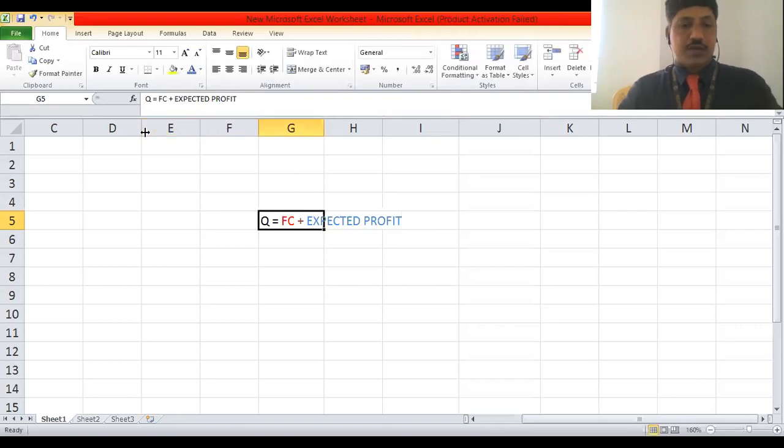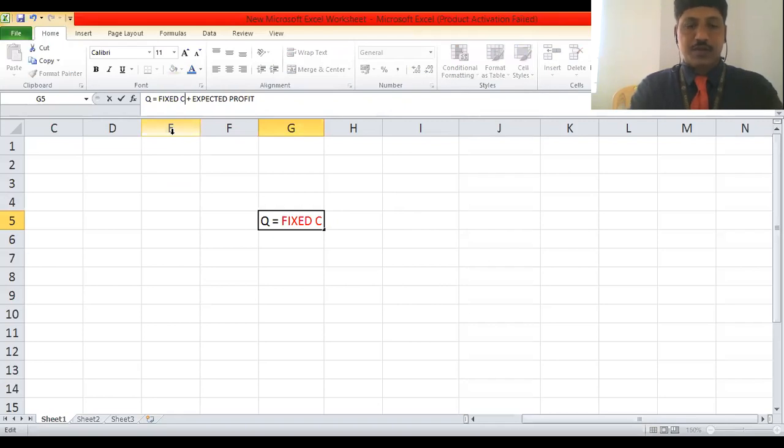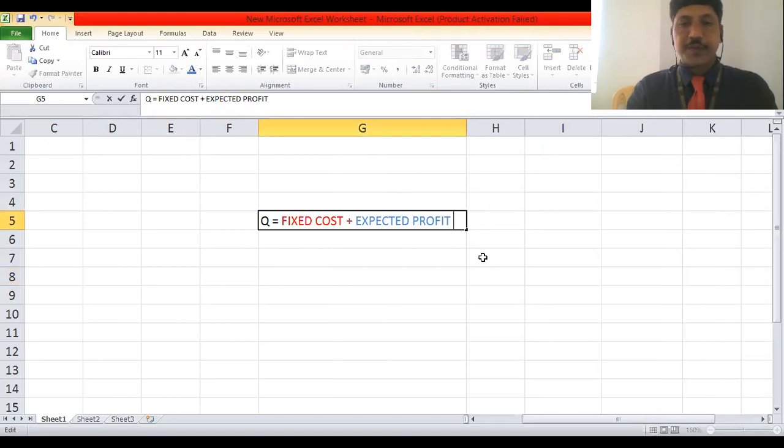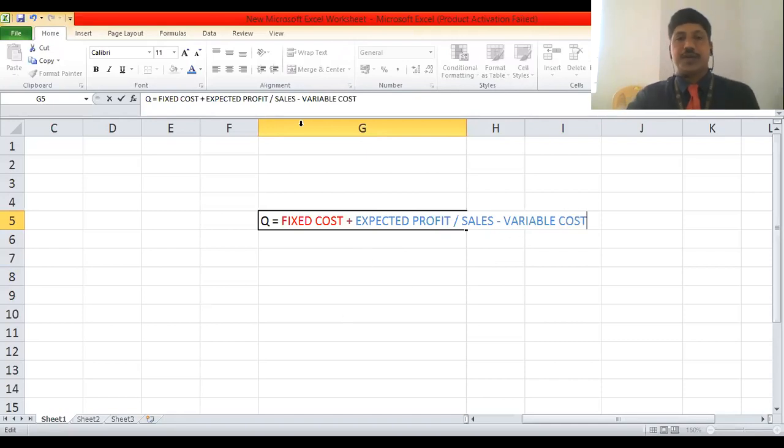Fixed cost plus expected profit, divided by contribution, or else sales minus variable cost per unit.